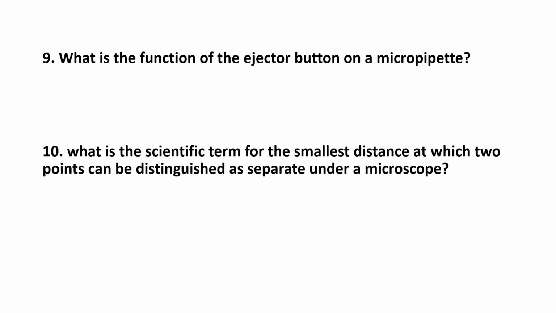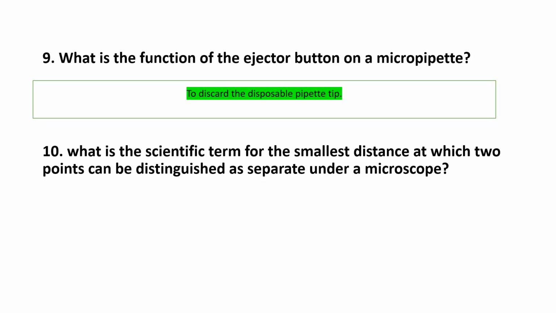Question number 9, what is the function of the ejector button on a micropipette? Okay, you remember the micropipette, we use it for small volumes, isn't it? We measure small volumes, and this is actually in microliters, right? So the function of the ejector button is to discard the disposable pipette tip.